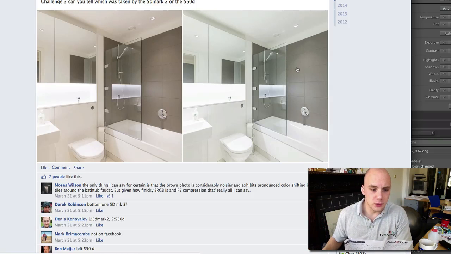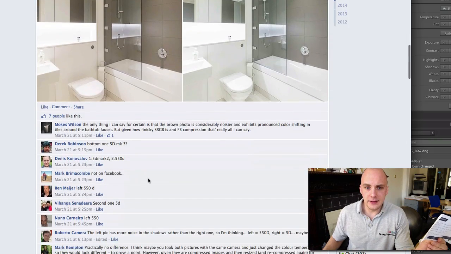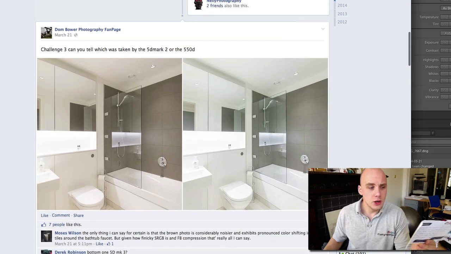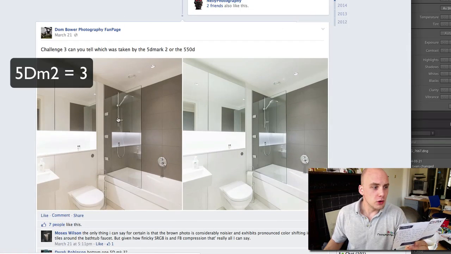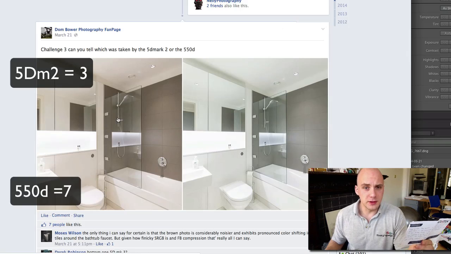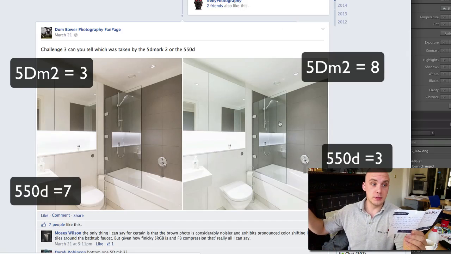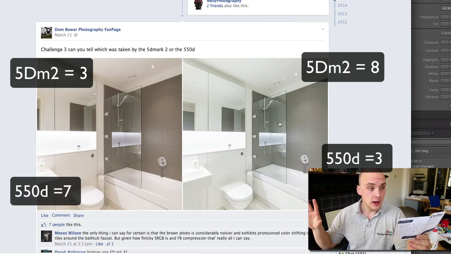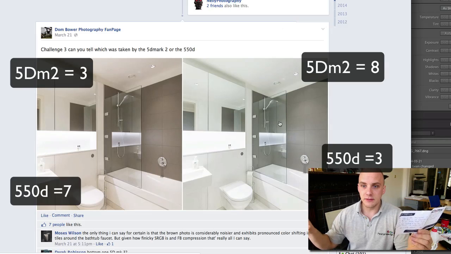For this one, in the group comments here, for the brown image we got only 3 comments saying that was the 5D Mark II, and the most comments, 5, 6, 7, saying it's a 550D. Over here on the right, we got many more people saying it was the 5D: 8 people saying it's the 5D versus 3 people saying it was the 550D.